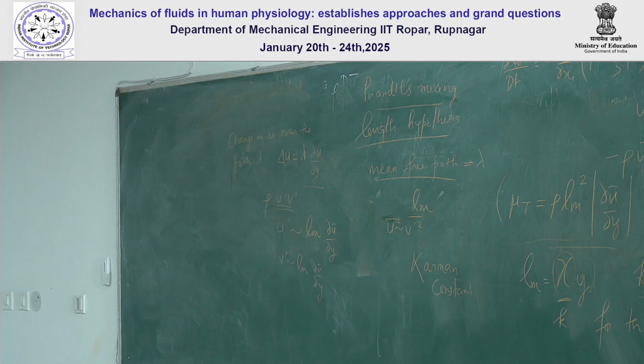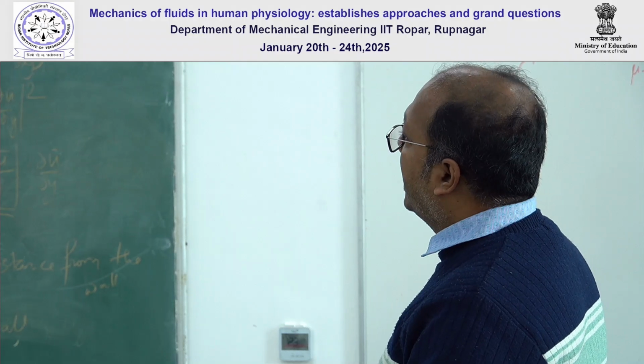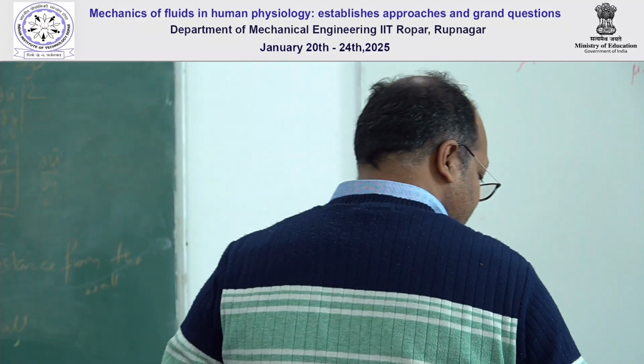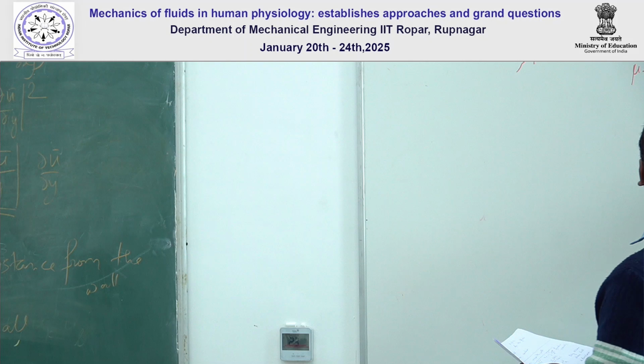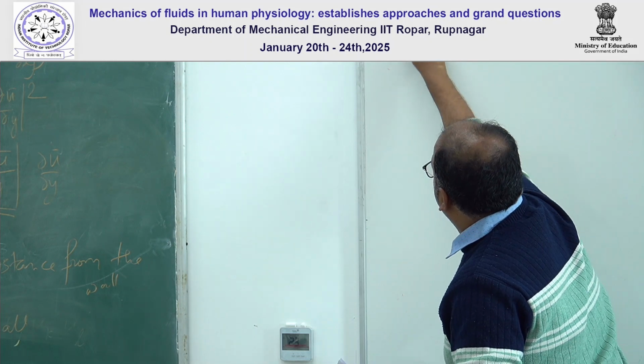Okay, so now we can get a universal picture in terms of non-dimensional coordinates, at least for the flow over a wall. We will try to characterize the flow near the wall and write it in terms of some non-dimensional parameters.